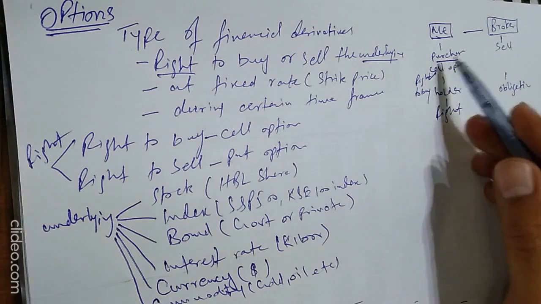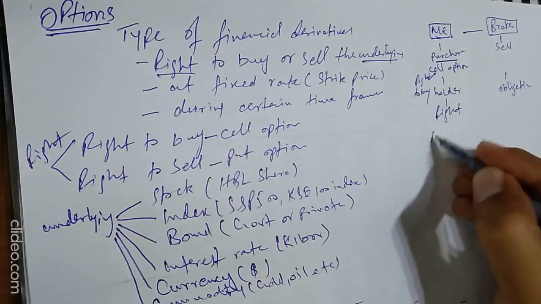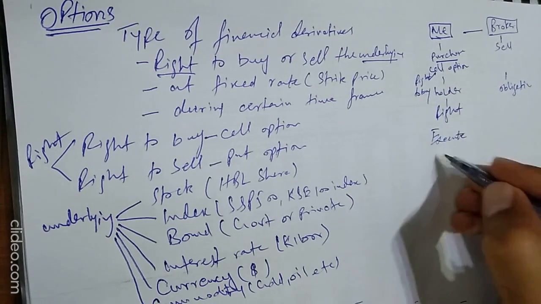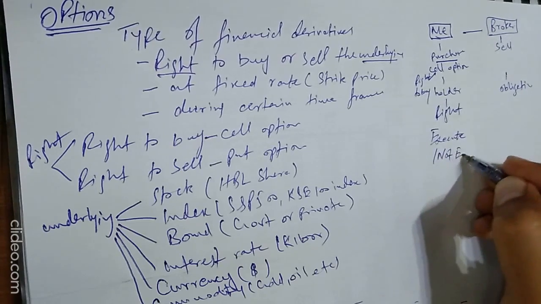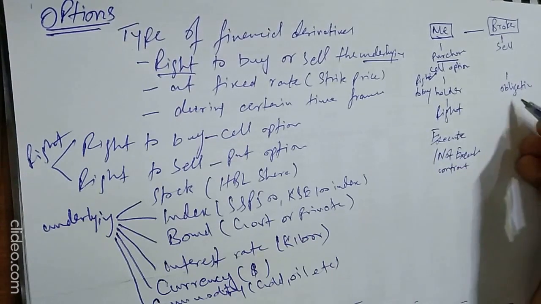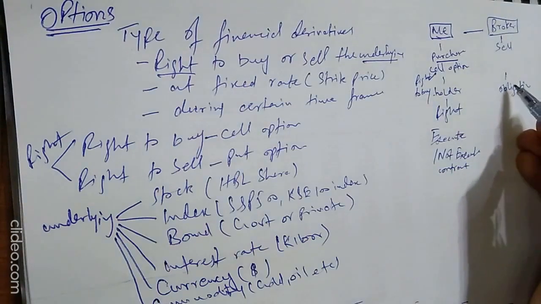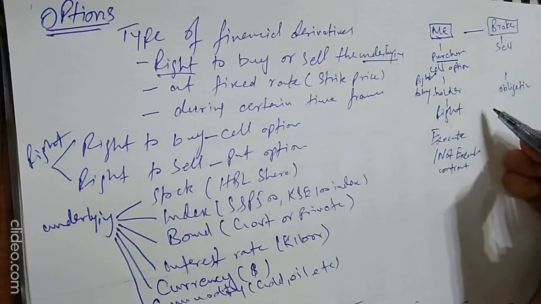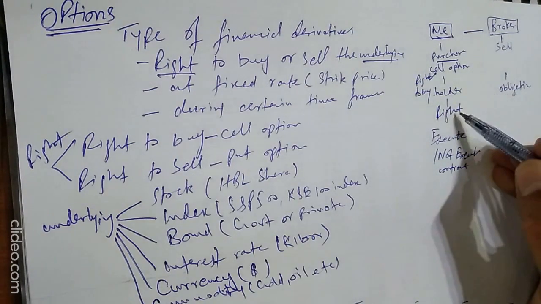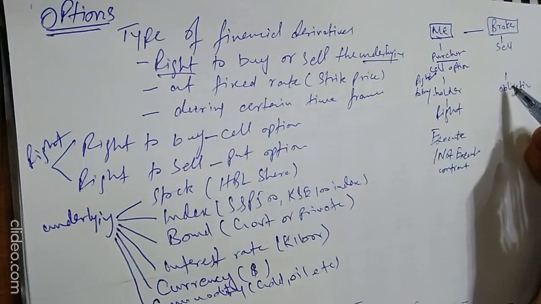I have a right whether to execute the contract or not, but for the broker it is mandatory to sell and execute the contract. So I have flexibility, but the broker does not have flexibility.